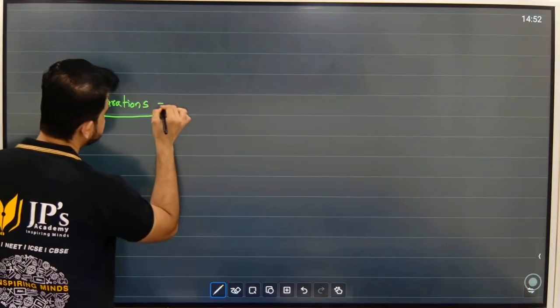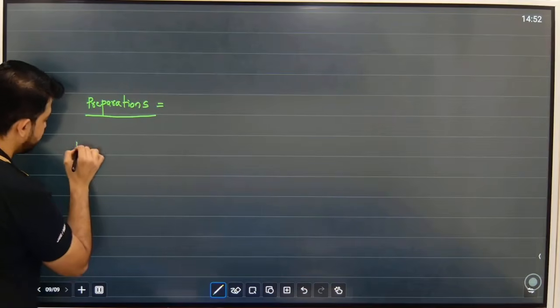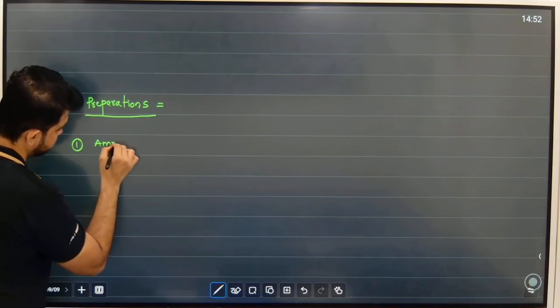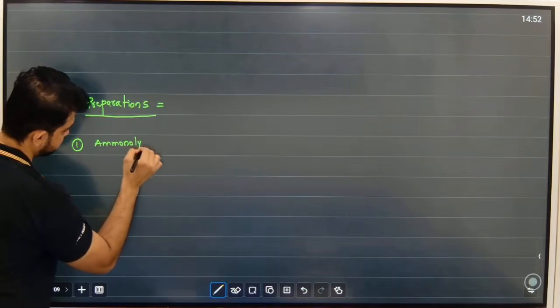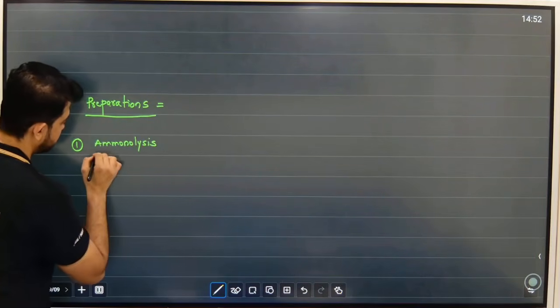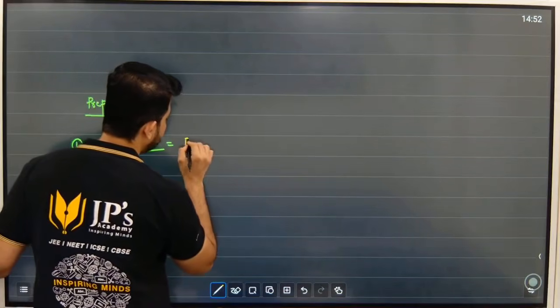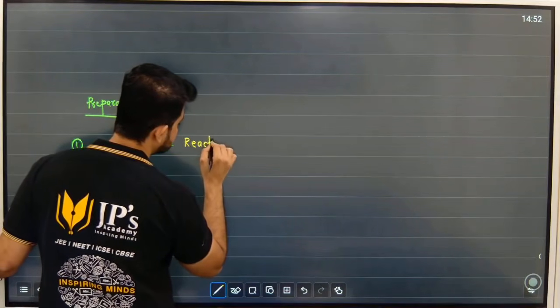Now students, the first method of preparation that we have is called as ammonolysis. Hofmann's ammonolysis. Ammonolysis बोल सकते हैं, ये reaction of ammonia with alkyl halides.